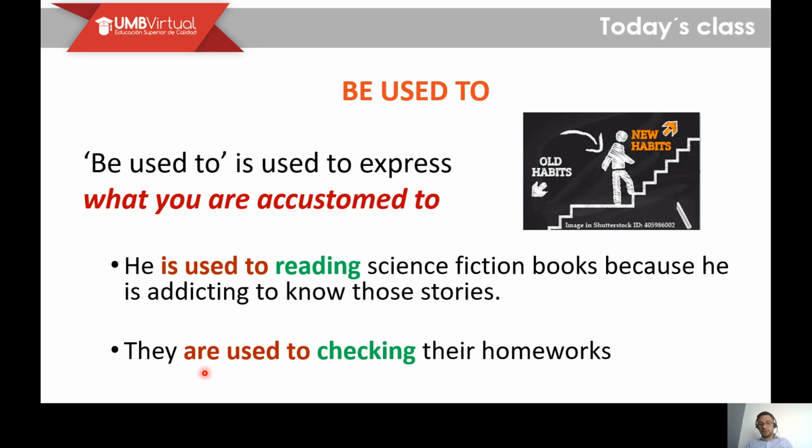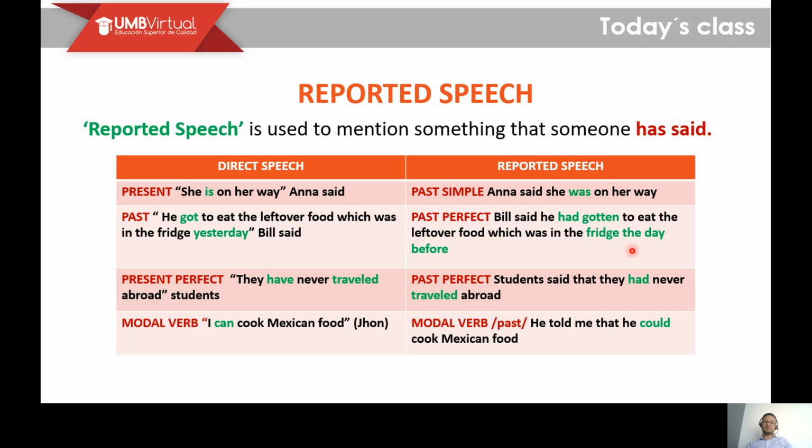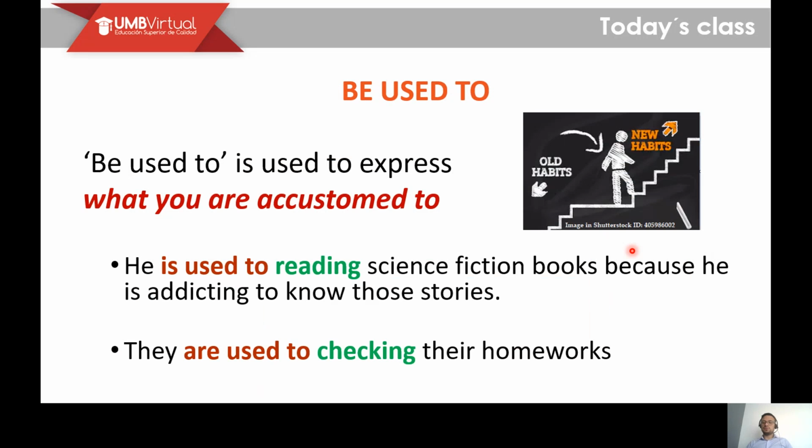So we have the verb to be according to the pronoun, and we have used to plus the main verb using the ing form. ¿Listo? Entonces, pronombre, verbo to be, en presente de acuerdo con el pronombre. Luego, used to, siempre used to, y luego el verbo principal usando la forma ing.